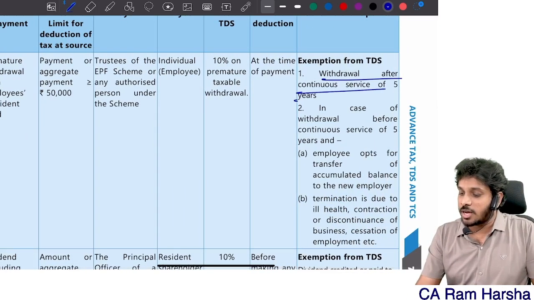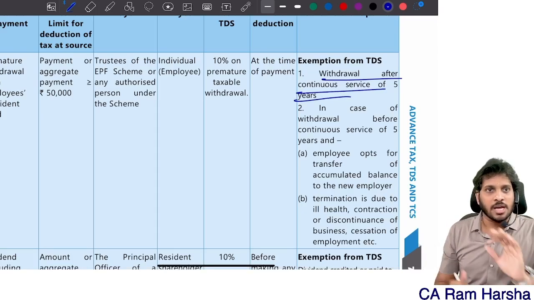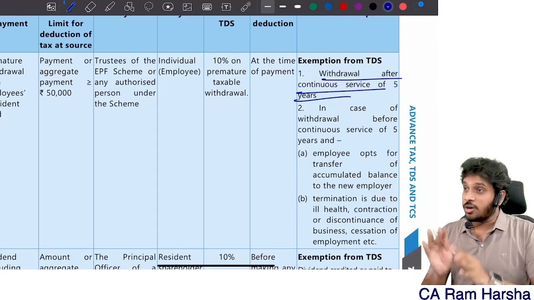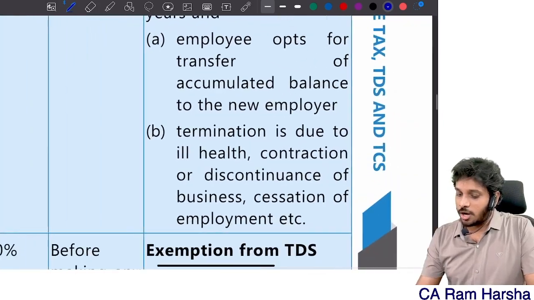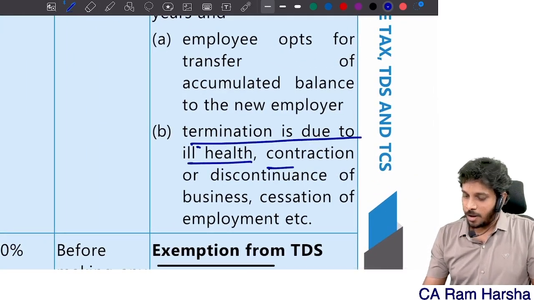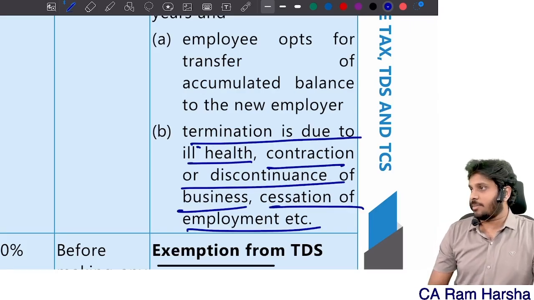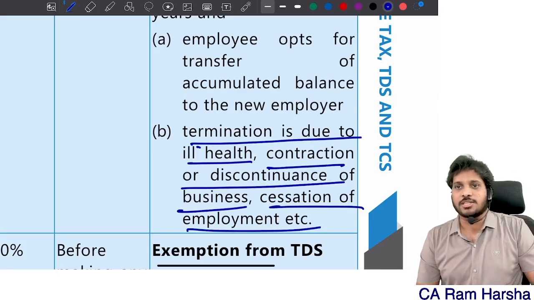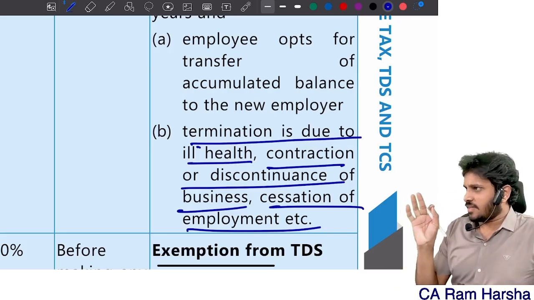If you withdraw after continuous 5 years of service, your PF amount withdrawn is fully exempted. Or you withdraw before 5 years of service, but because termination is due to ill health, or discontinuance of business, cessation of employment, the company itself closed. Because of that reason, the provident fund amount is settled to you. That time if you withdraw, nothing is taxable.